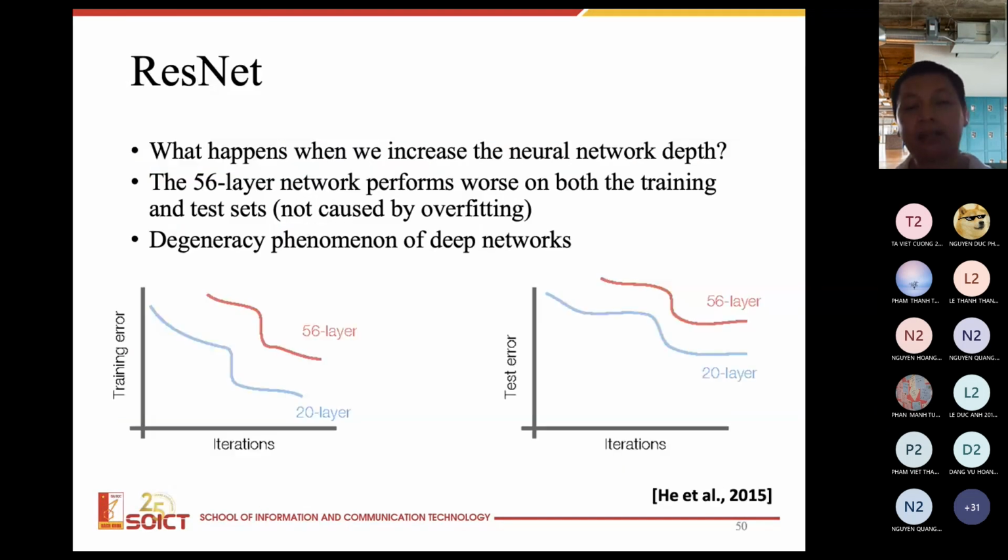So here is a discussion about the performance of the network when we increase its depth.